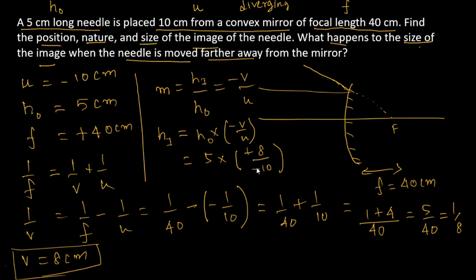So minus of minus is plus. So it becomes 2, so 4 centimeter is the height of the image.